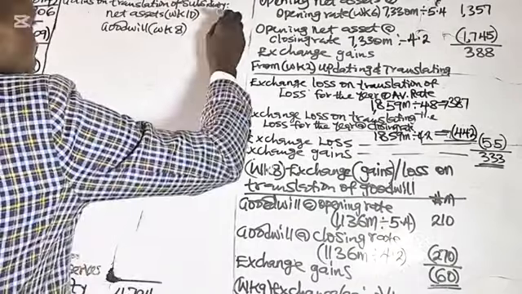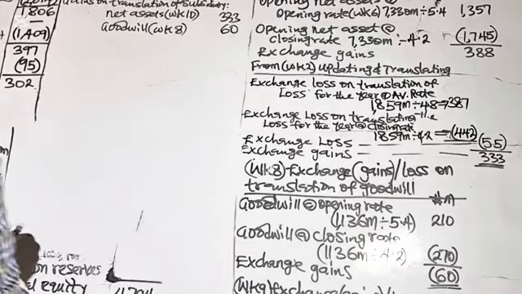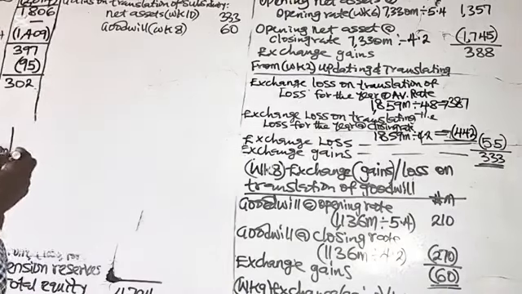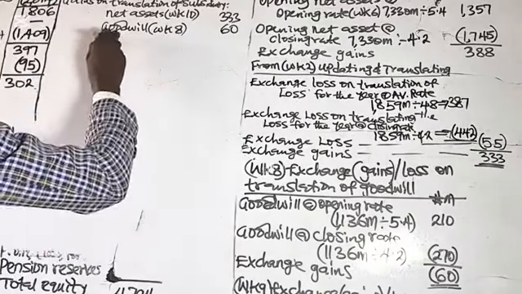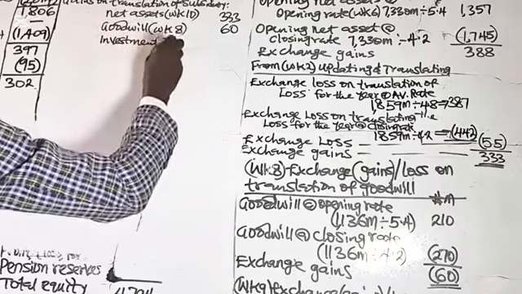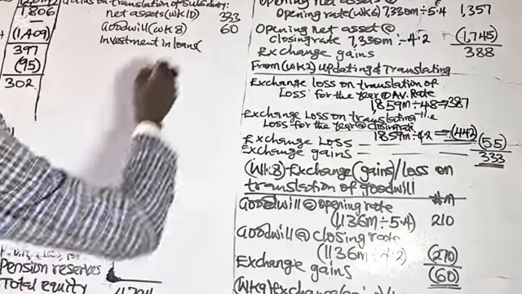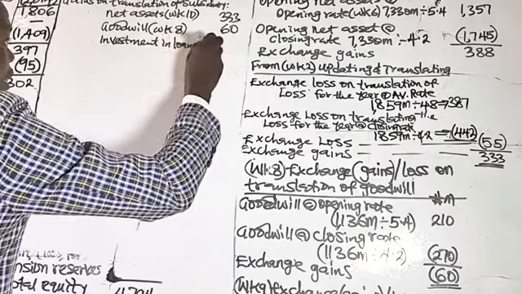Gains on translation of investment in loans. That is working 9.